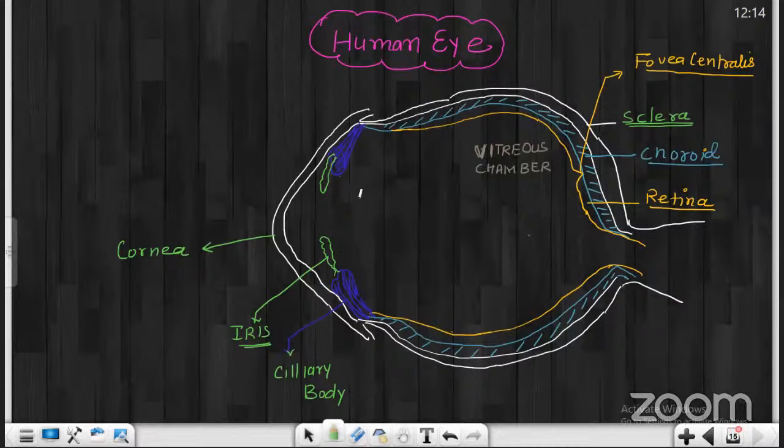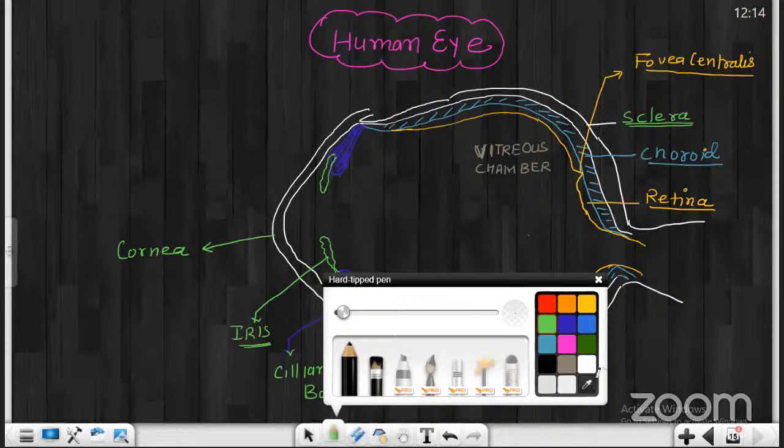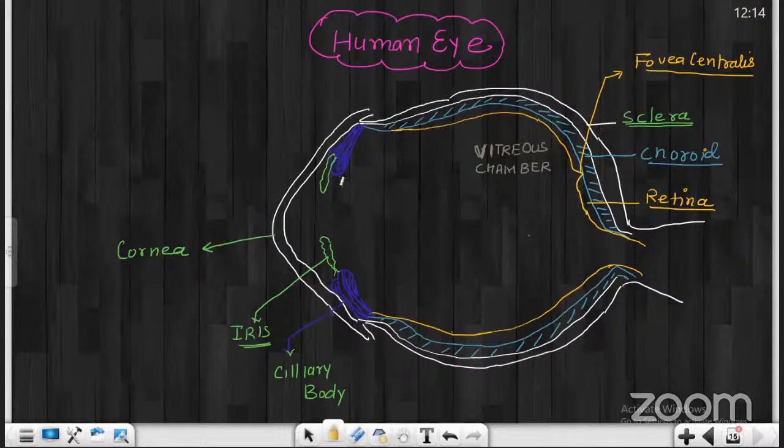अब यहाँ पे देखिए basically we have at this particular part a lens is present. See the diagram of the lens. I will draw like this. The lens is located like this. Okay, this is the lens exactly.